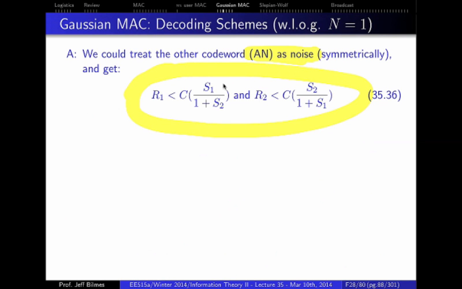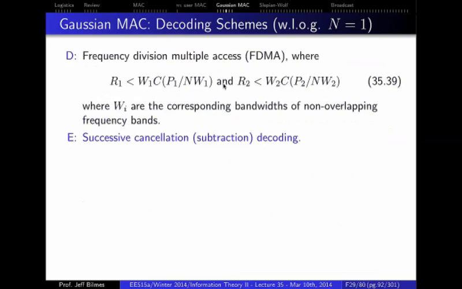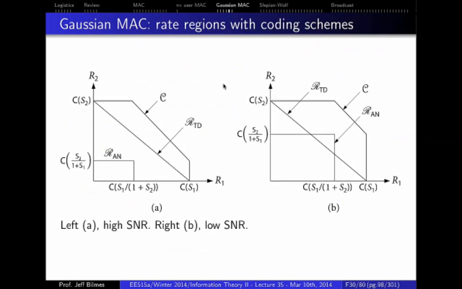So that becomes an inner bound on the region. I have the figure here, which I should have probably put a little bit earlier. So let me give you these figures. Here's the power type on the left and on the right. On the left, we have a high signal-to-noise ratio case, and on the right we have a low signal-to-noise ratio case.